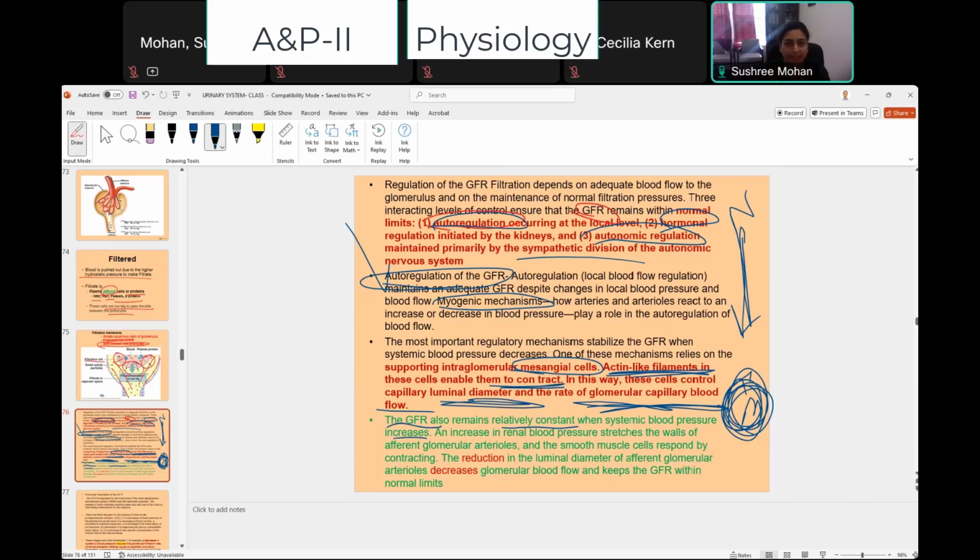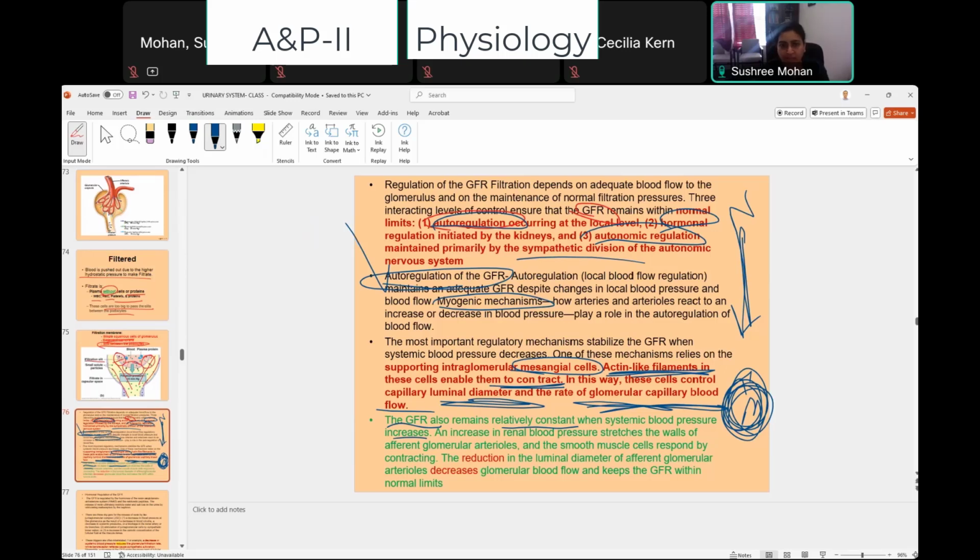They will try their best to maintain constancy, because if you constantly change their pressure, the delicate filtration infrastructure is going to break down. It's going to fall apart because you keep on changing the pressure, high BP, low BP, high BP, low BP. The filtration mechanism is going to get affected.